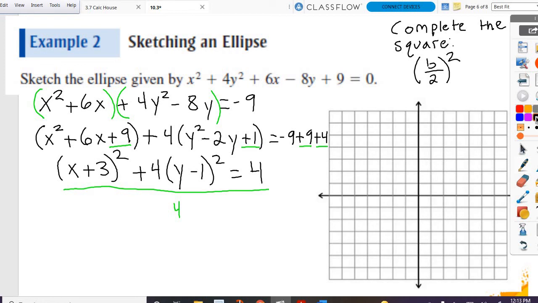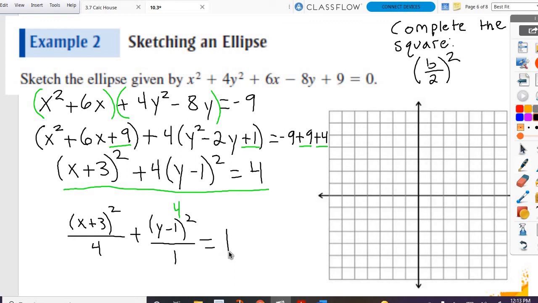Because I'm just going to divide each of my pieces by 4. So notice on our first one, we just get divided by 4. On our second one, what's going to be in my denominator? Just 1. Because I already have a 4 there. So 4 divided by 4 gives us 1.